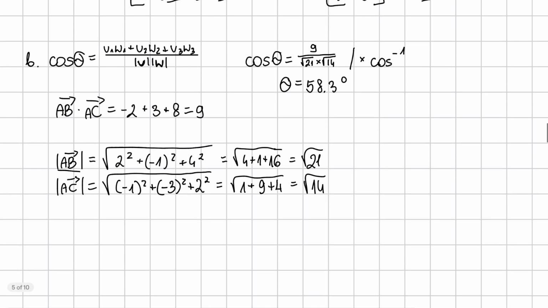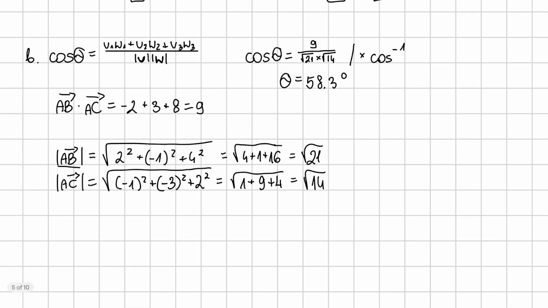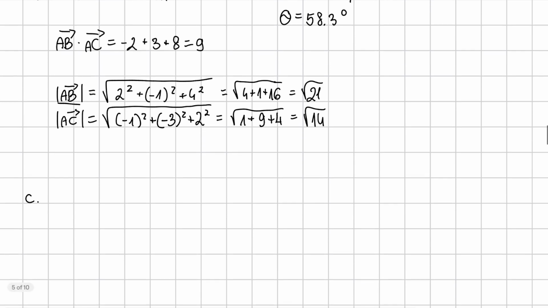Now we have to use our formula booklet, because in there we have the formula for the area of a parallelogram. A parallelogram has sides parallel to each other, so when we divide it into triangles, we have two identical triangles.